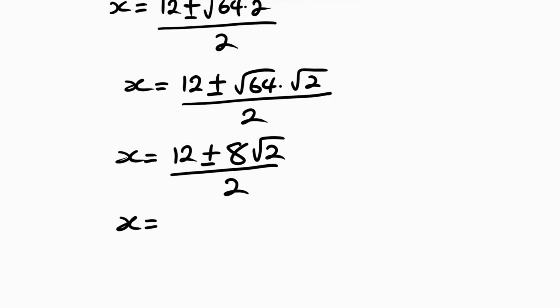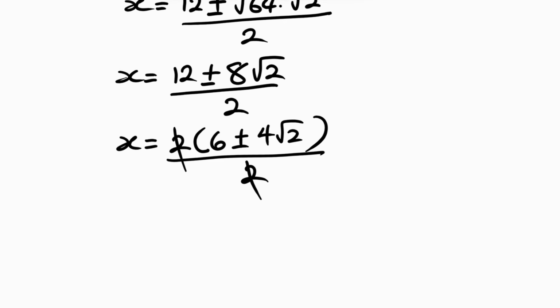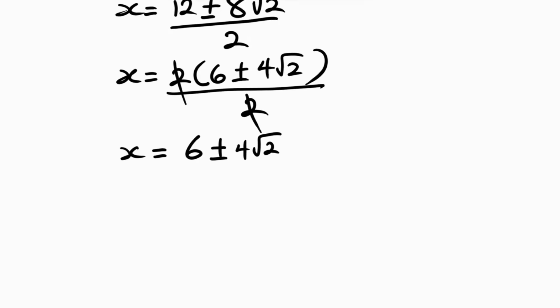2 is common at the numerator. So if we collect 2, we have 6 plus or minus 4 root 2 divided by 2. And these two can cancel out. So our value of x now is 6 plus or minus 4 root 2.